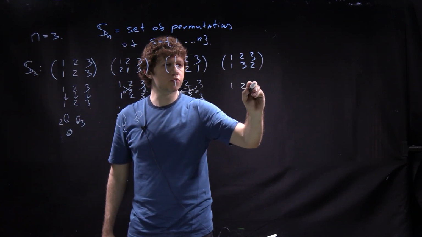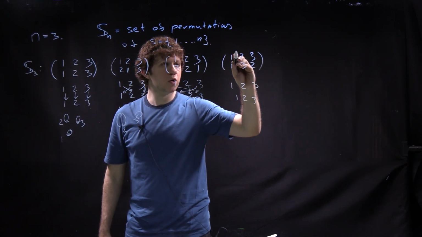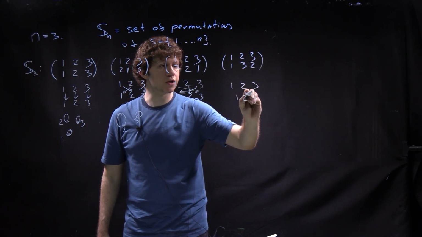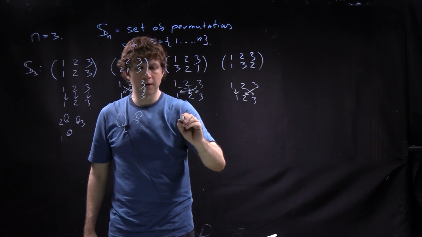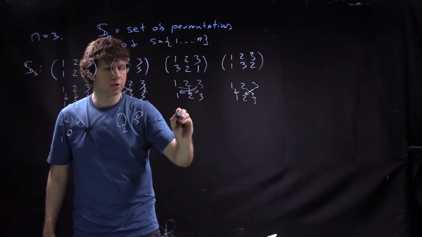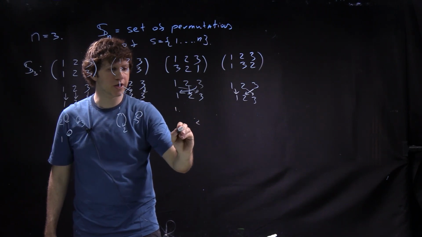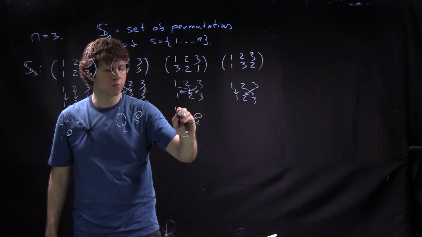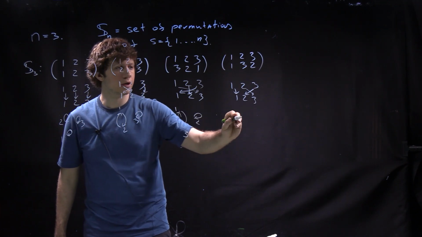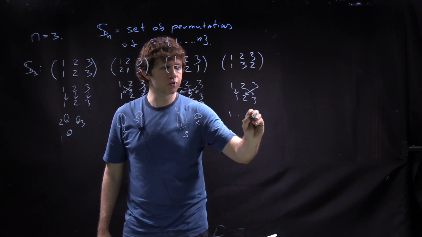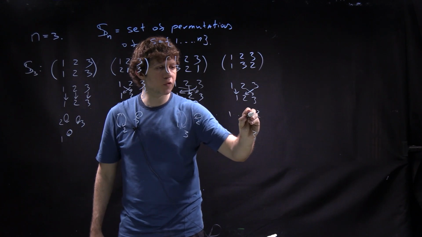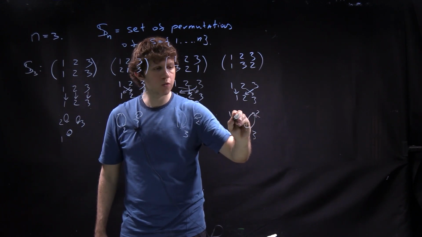Here I have 1, 2, 3, 2 goes to 3, 3 goes to 2, 1 goes to 1. So 2 is fixed, 1 and 3 are exchanged, and 2 and 3 are exchanged, 1 is fixed.